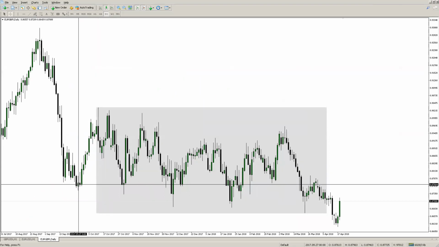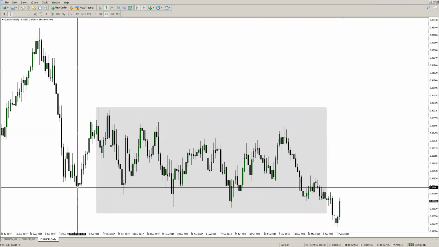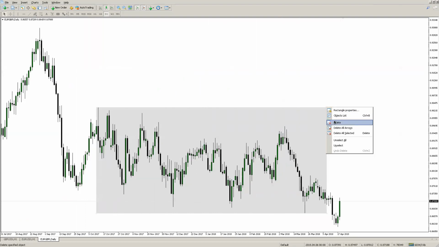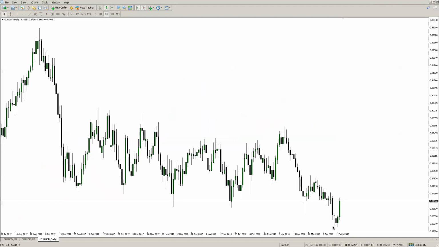Euro GBP has been in this range since September of 2017, and it's just been trading sideways, doing absolutely nothing. So once the market trades out of that, well, then we get some movement, right? So we've traded below it, and as of right now, we're just retesting the break in structure. So this is technically still bearish until we do break above the high.